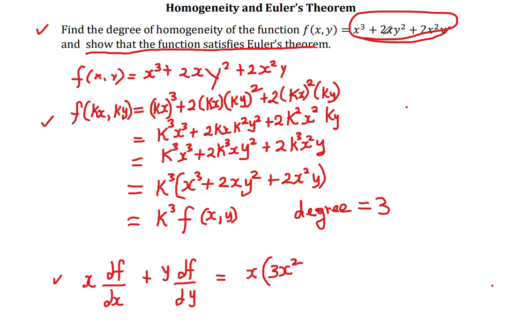Now, when we're differentiating 2xy squared, essentially what will happen here is that we are going to treat the y as if it is a constant. We're differentiating with respect to x. So both the 2 and the y squared that are multiplied by the x will be treated as constant coefficients of x.